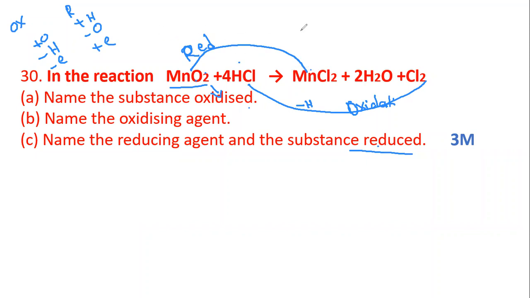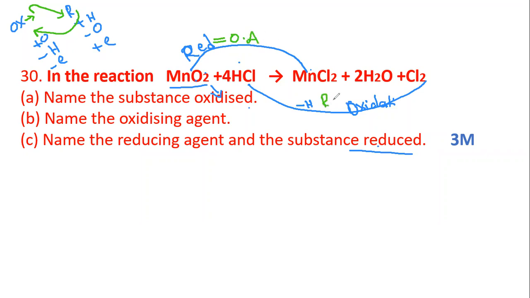Next, go for the oxidizing agent and reducing agent. What is meant by oxidizing agent and reducing agent? Every time I tell the students, the substance which is involved in oxidation makes the other substance involved in reduction, and the one involved in reduction makes the other substance involved in oxidation. So remember, the substance opposite to the oxidation one is the oxidizing agent.